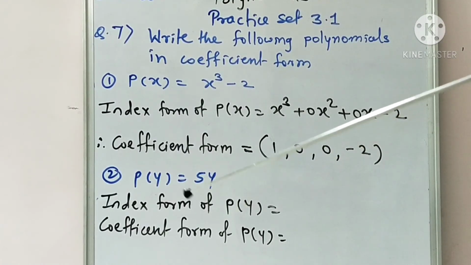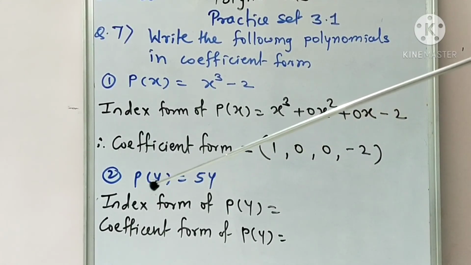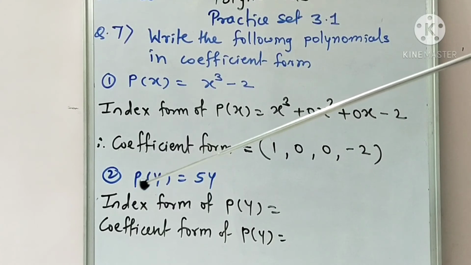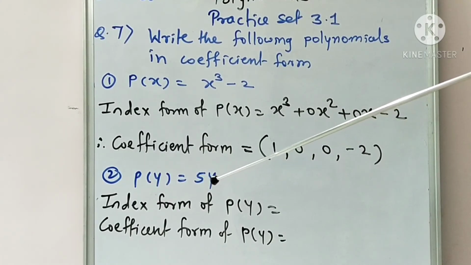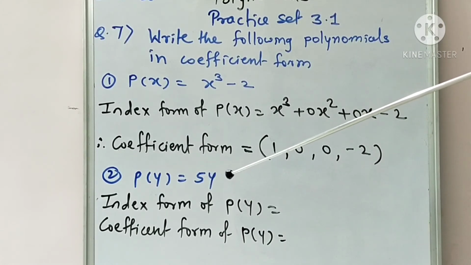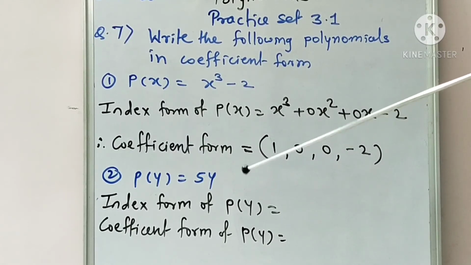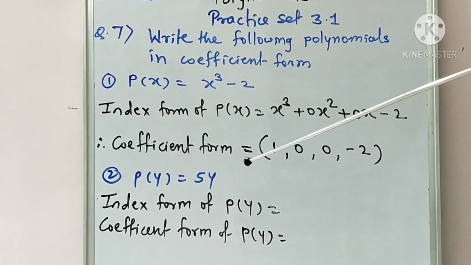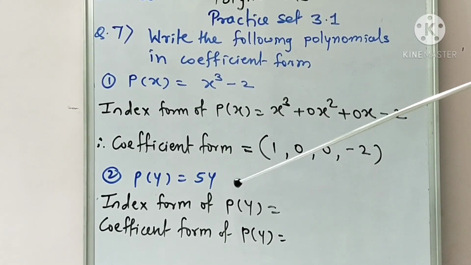So similarly in the second example the polynomial is 5y, we name it as p of y. So first we write down its what? Index form, because as we observe here 5y means that the degree of the polynomial is 1, and according to the descending order the power 0 term, that is the constant term, is not there.